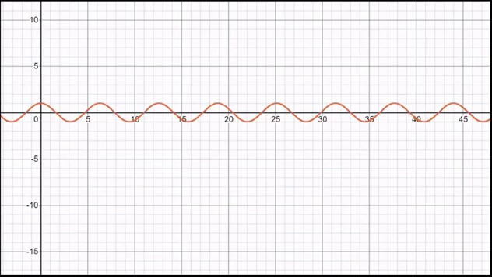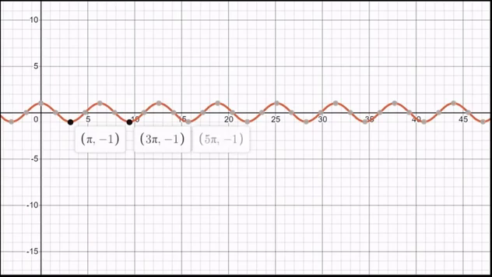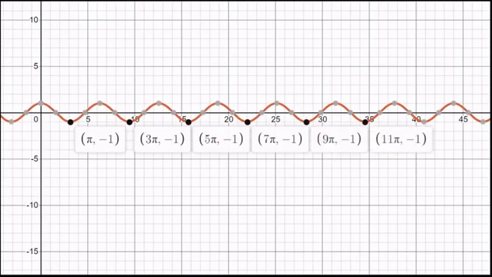This is your cos wave. Now look here, cos of pi is minus 1, cos of 3 pi is minus 1, cos of 5 pi is minus 1, cos of 7 pi, cos of 9 pi, cos of 11 pi, cos of 13 pi, all minus 1, and so on.